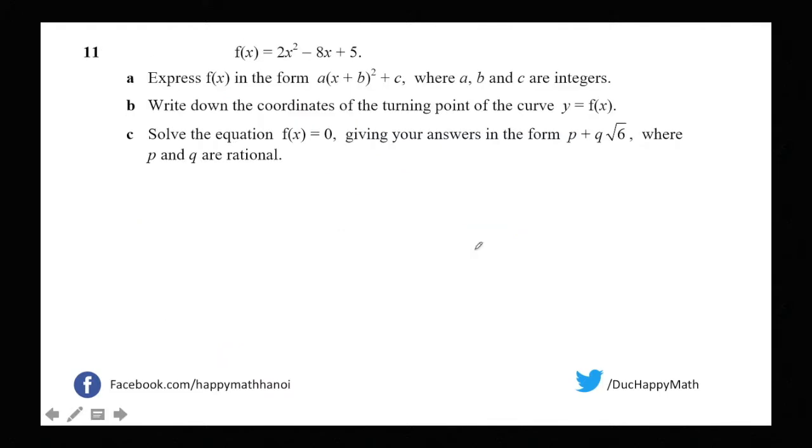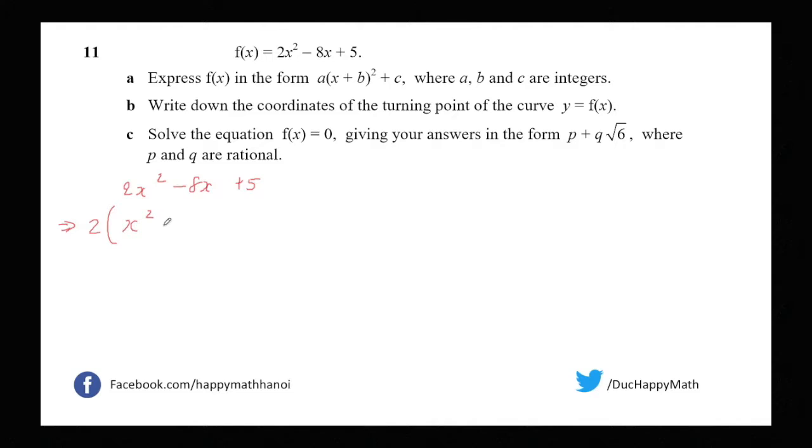Question 11. You have the function. Question A: express it in the form where the values are integers. Another kind of exercise about the quadratic equation. I have the original function like this, and I want to take the 2 outside because I want the coefficient of the second degree term to be equal to 1.